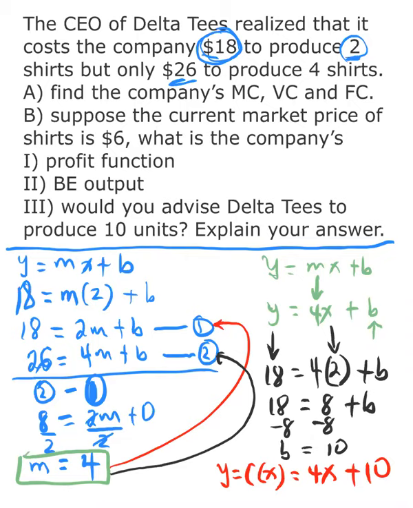Our cost function will be given by 4x plus 10. Once you find the slope, you can always substitute the slope into the first equation or the second equation. It's your choice. Whichever equation looks appealing to you or easier to work with, please go ahead and do that, and the end result will be the same.